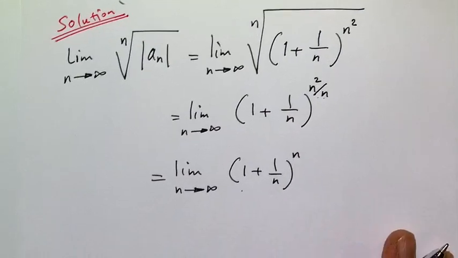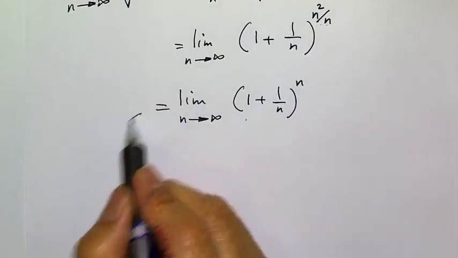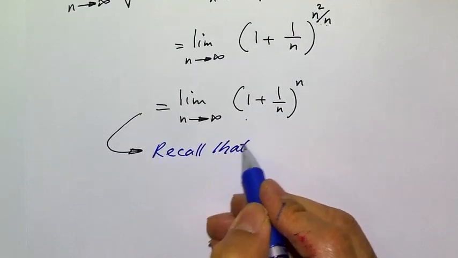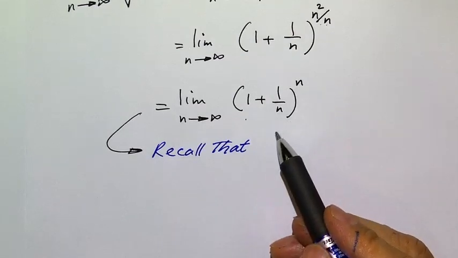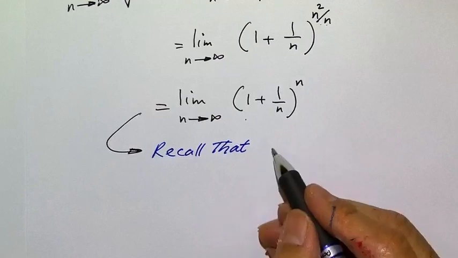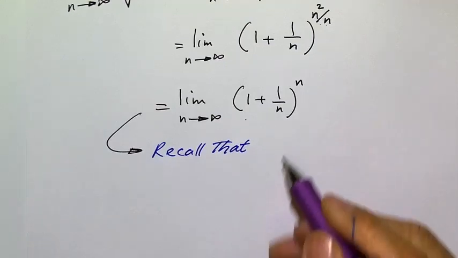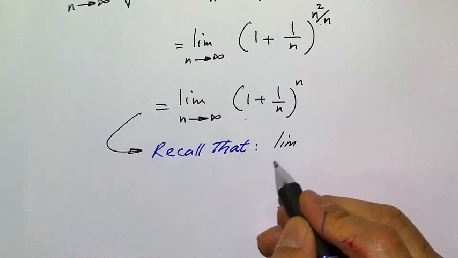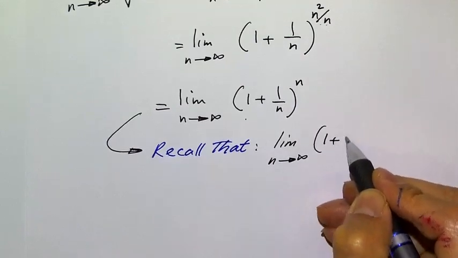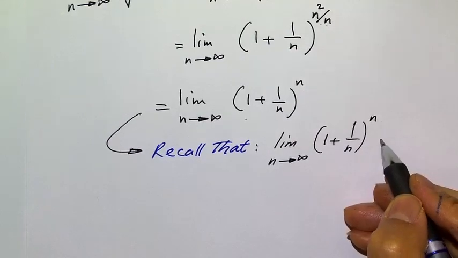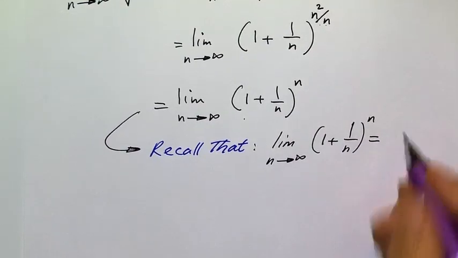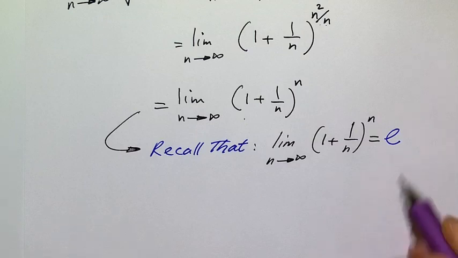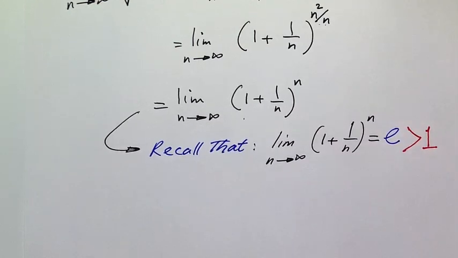Recall from calculus 1 that the limit as n goes to infinity of (1 plus 1 over n) to the n equals e, the famous irrational value, and that is for sure greater than 1.